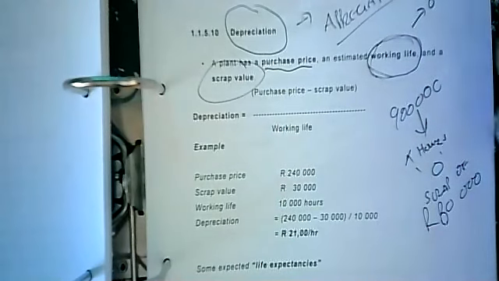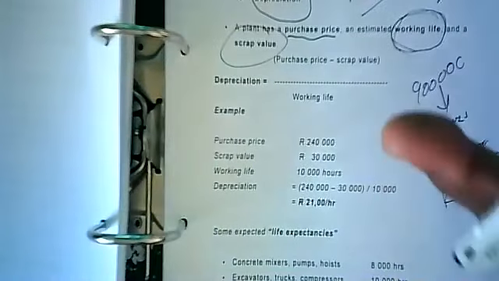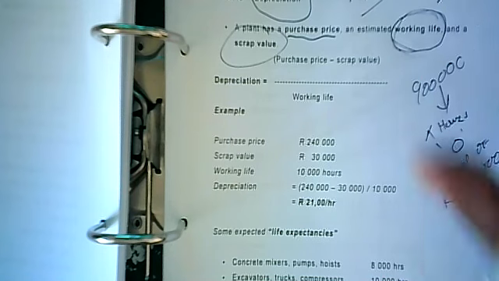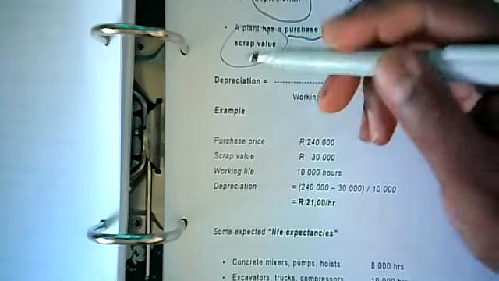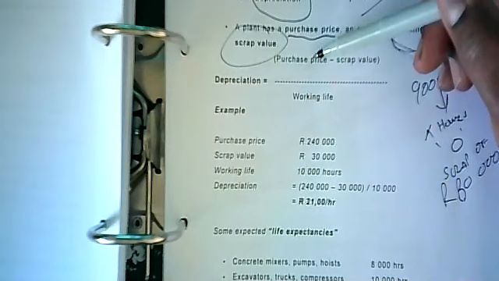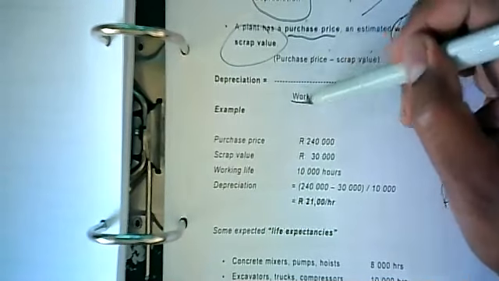As scrap it's valued at 80, but from an accounting point of view, it's valued 0. A little bit of something new to understand. You'll see it as we go along. So depreciation is the purchase price minus the scrap value over the working life.